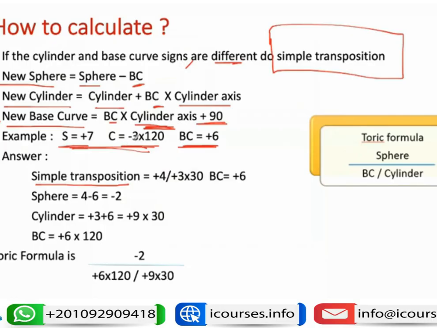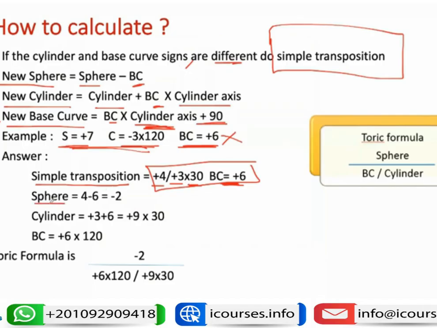Plus 7 plus minus 3 will be plus 4. Change the sign of the minus 3, so it will be plus 3. The perpendicular axis to 120 will be 30. And the base curve of plus 6 again. So this is the formula that we will work on, not the original one. So discard that one and now work on this.